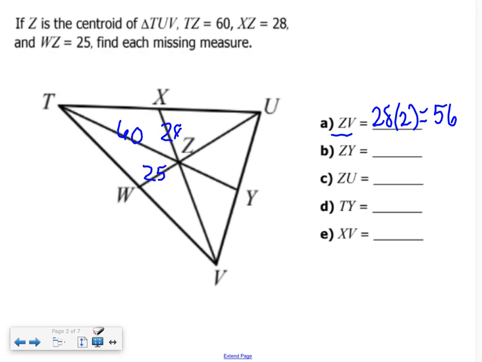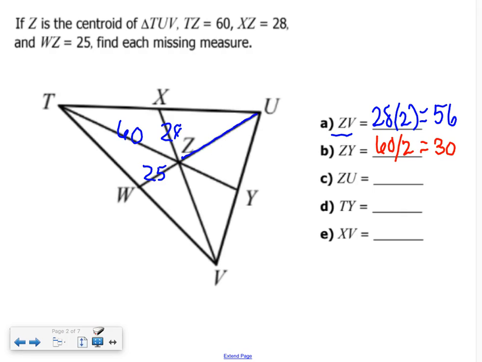Alright, what's next? ZY. So is this the 1/3 or 2/3 portion? 1/3. So what do I have to do to 60 to get this guy? Divide by 2. 60 divided by 2, 30. ZU.